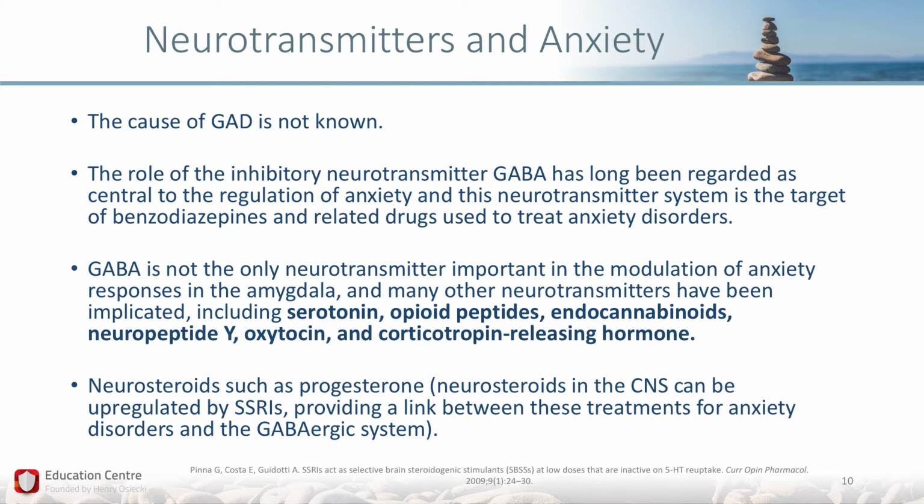GABA is the important one, but there's a whole series of other neurotransmitters, from serotonin to opioid peptides, endocannabinoids, neuropeptide Y, oxytocin, corticotrophin releasing hormone, and a bit of dopamine. There's a whole web of neurotransmitters, so sometimes it's not essentially one that's dysfunctional. Often it might be serotonin that's more pronounced, or the opioid levels.